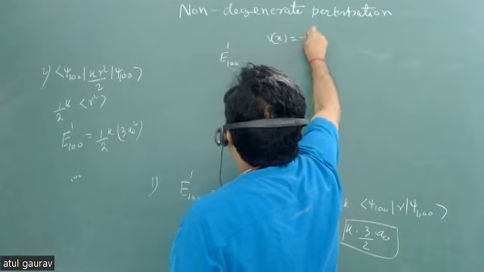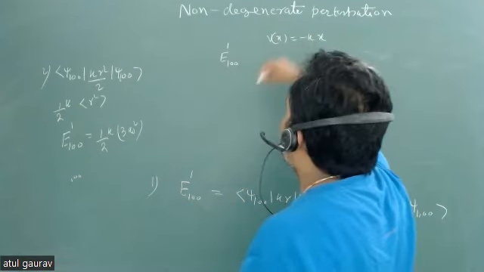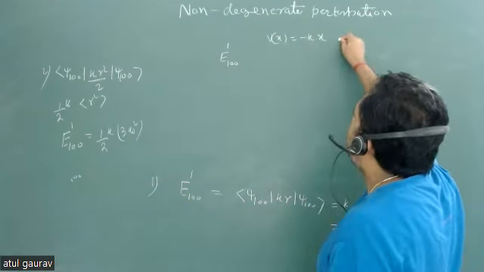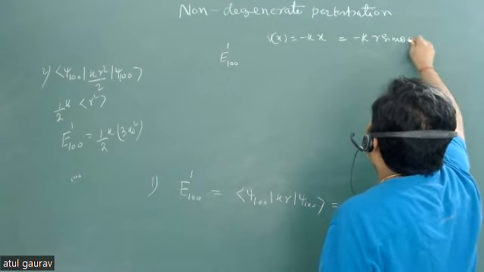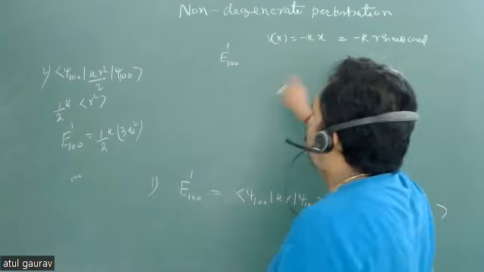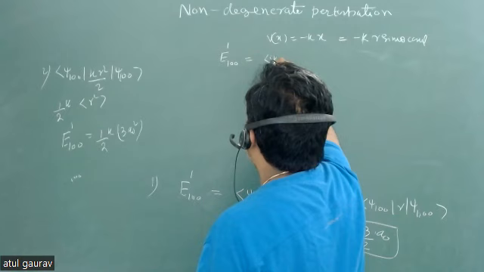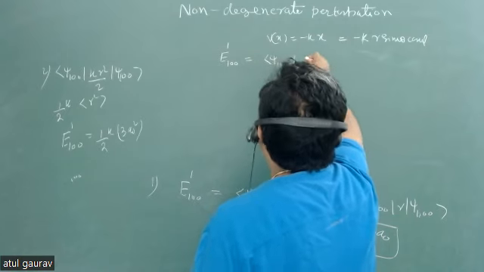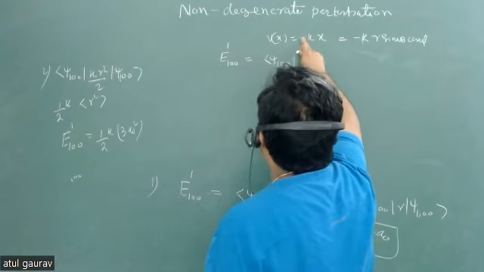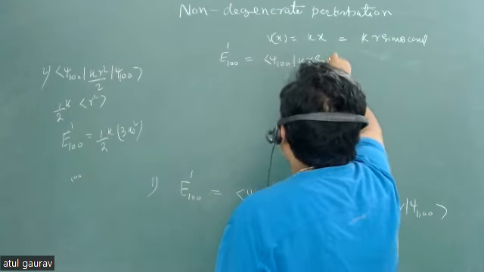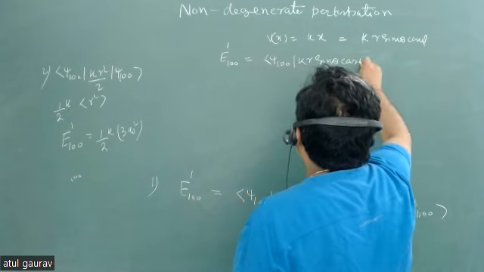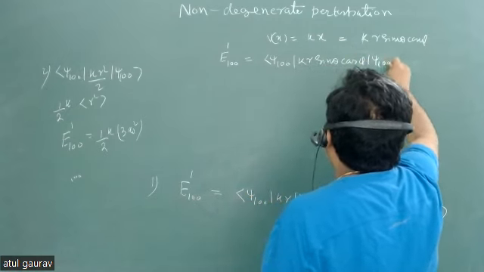My potential is kx. So you have to convert it into the spherical polar coordinate system. So that is r sin theta cos phi. So this is your V(x). So E100 is nothing but psi 100, and here that is plus kx, no? Plus kx. So that value is kr sin theta cos phi, psi 100.